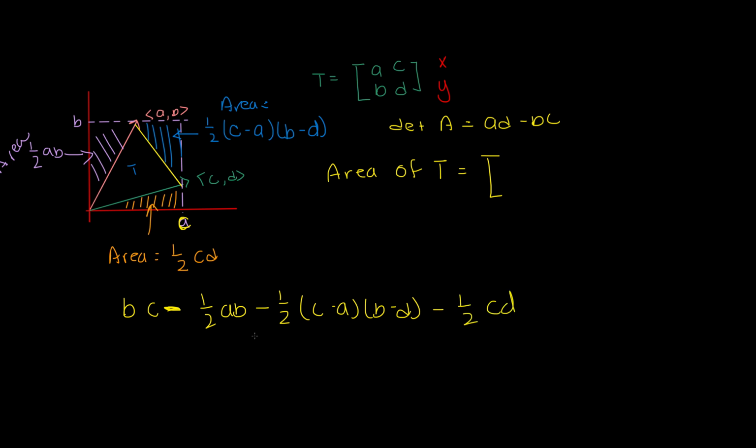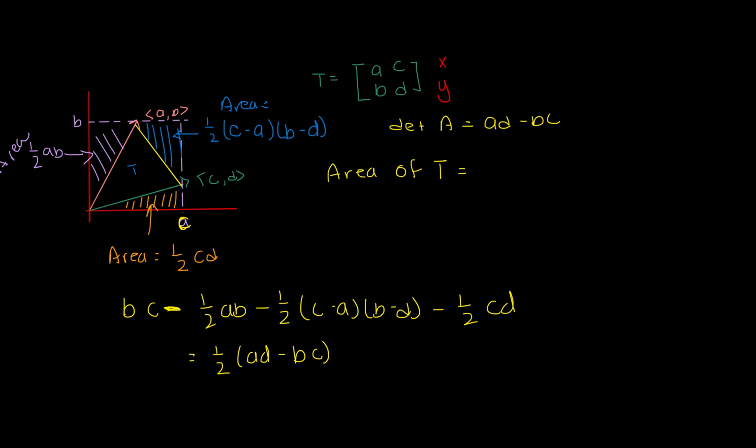What we actually end up with is 1/2 (AD minus BC). And we would find the area of T by saying it's the determinant.